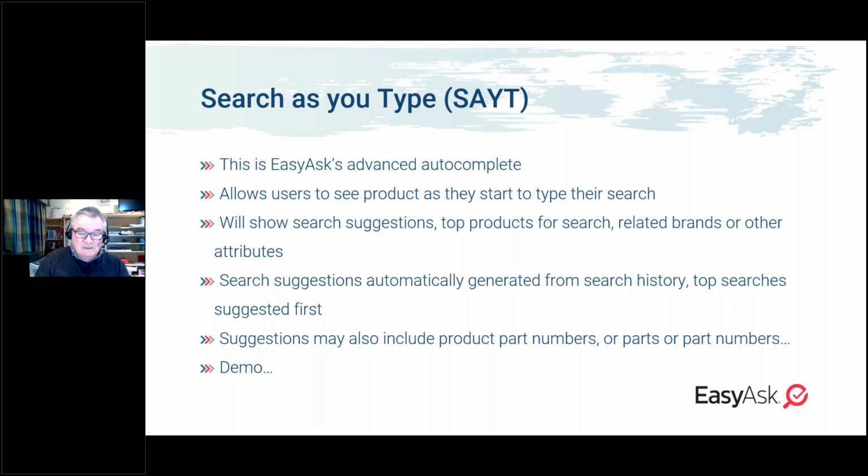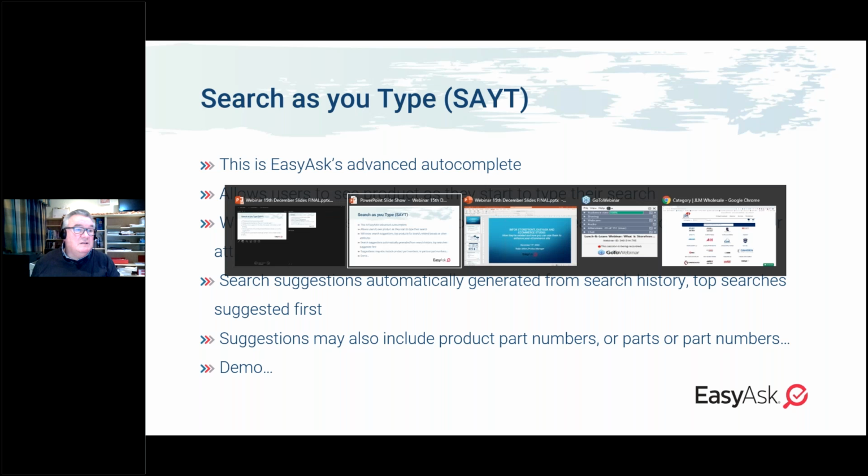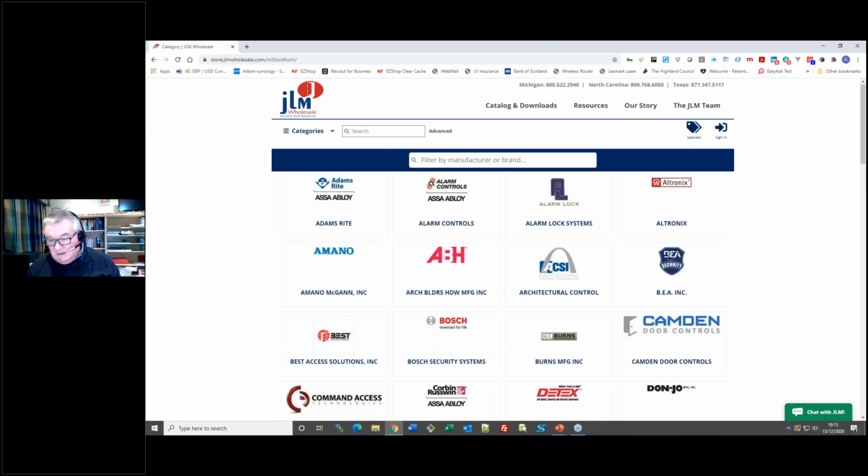And I'm going to demonstrate that now on one of our customers' sites. So I'm going to an organization called JLM Wholesale. They're an EasyAsk direct customer. They use Storefront, so this is a Storefront site, even though it may not look like it to many of you. And they are using search as you type in their search box.